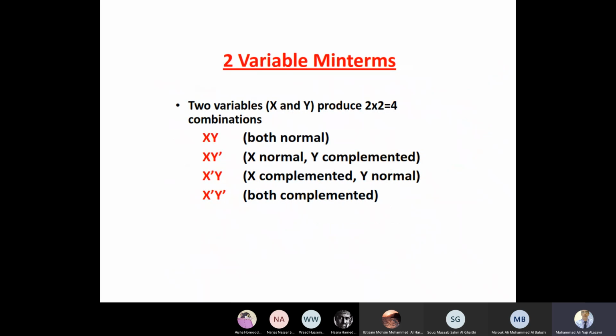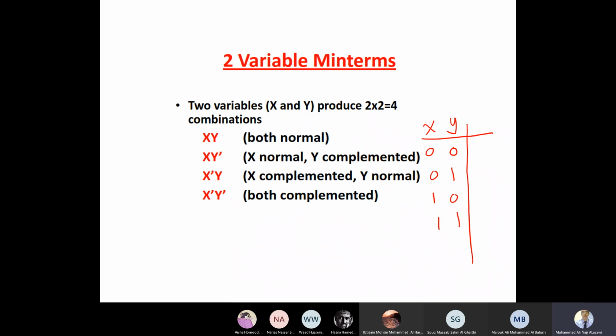So for example, with 2 variables, and remember we said we will link it with the truth table: 0 0, 0 1, 1 0, 1 1.